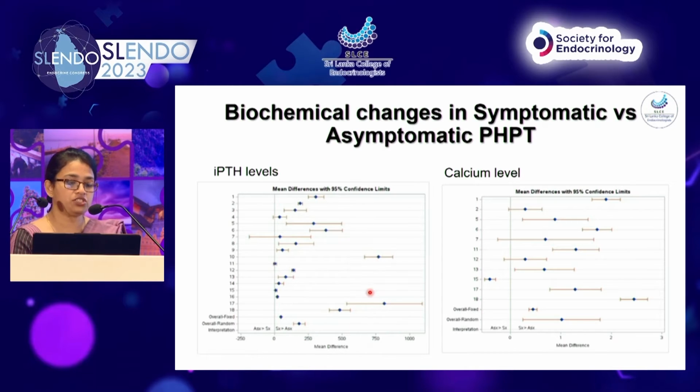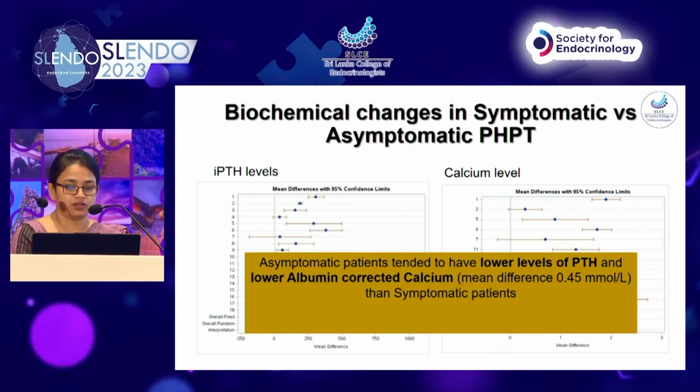The symptomatic hyperparathyroidism group have higher PTH levels compared to the asymptomatic group. Mind you, both have elevated PTH, but relatively higher is seen in the symptomatic group. Same for calcium levels, the symptomatic group showing higher calcium levels compared to the asymptomatic group.